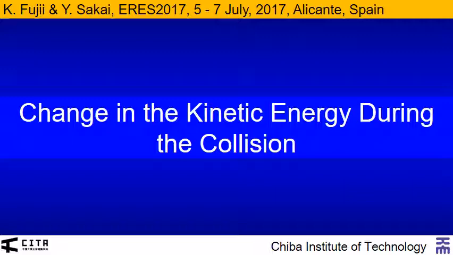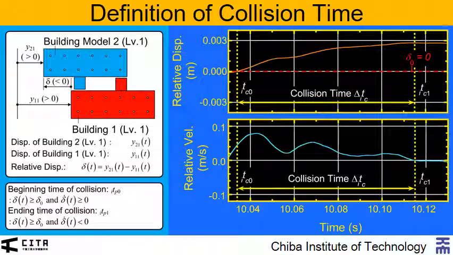The increment of kinetic energy during each collision is evaluated. Here is the definition of collision time in this study. The beginning time of collision is the time when the relative displacement between building models 1 and 2 at floor level 1 exceeds the initial gap and the relative velocity is positive.